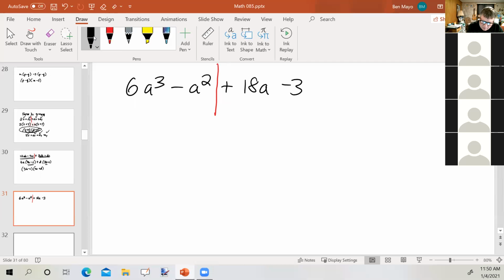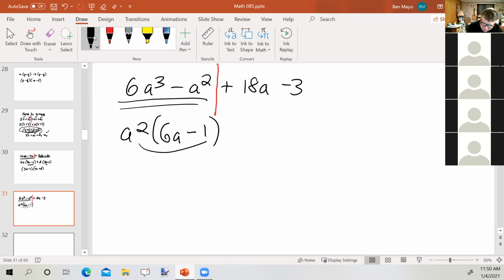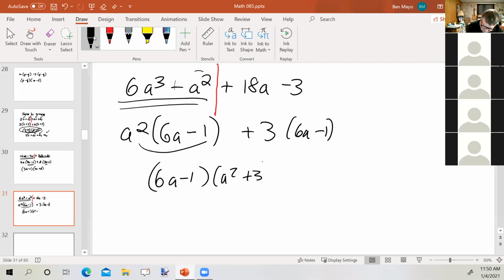The greatest common factor of the first 2 would be a squared, with a leftover of 6a minus 1. Don't forget I need that trail to get back there. Over here, the greatest common factor would be a 3, and I'd get 6a minus 1, and I need a plus sign out there. So then I've got 6a minus 1 times a squared plus 3.